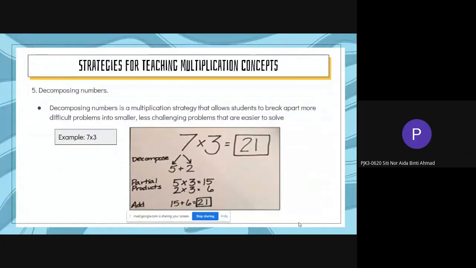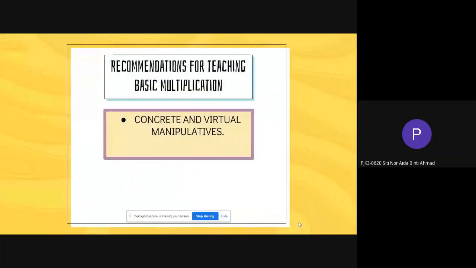Okay, enough. Just to ask everybody again, how many concepts of multiplication do we have? How many did you see here? You can stop presenting.